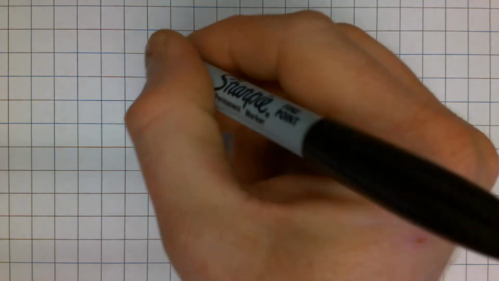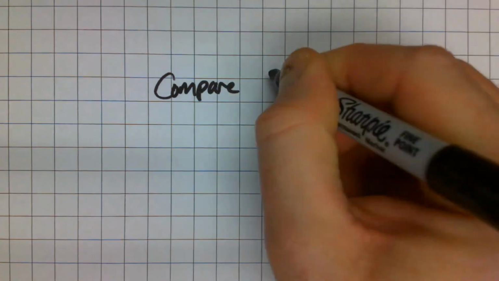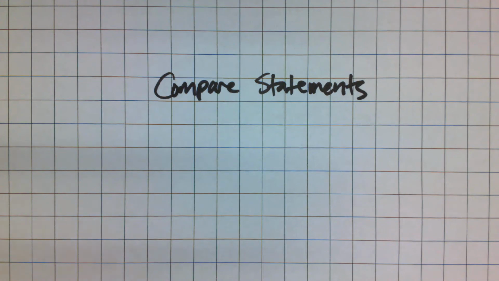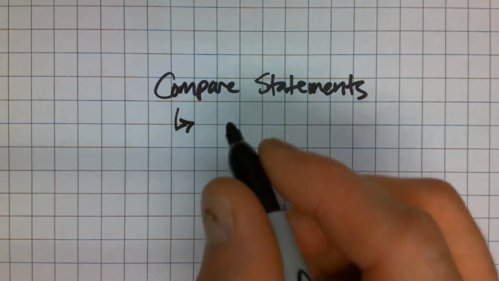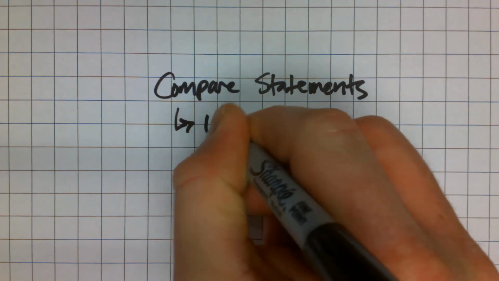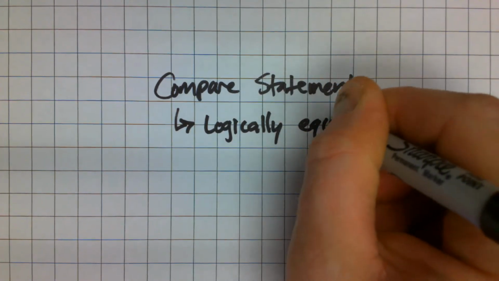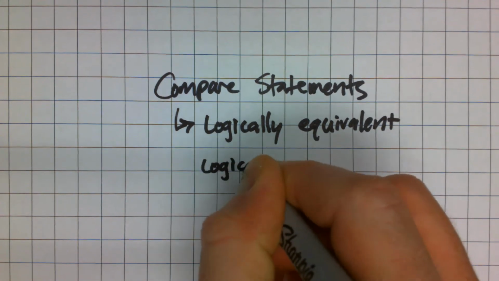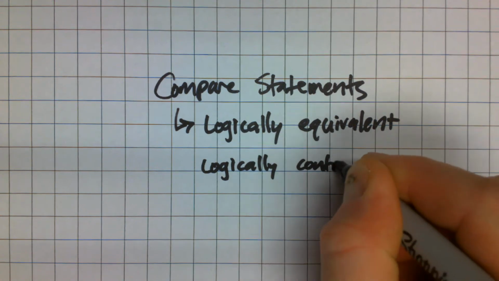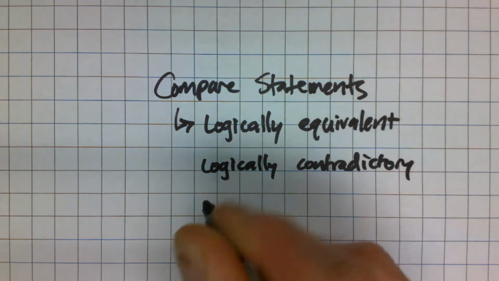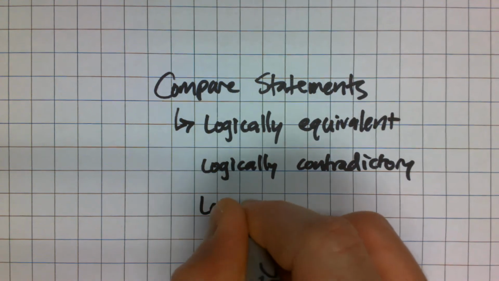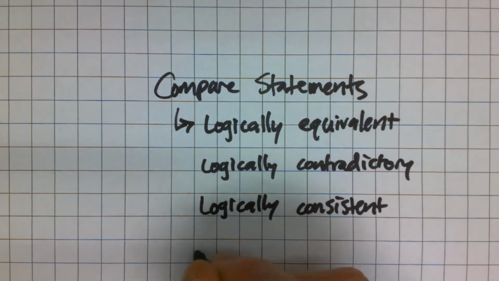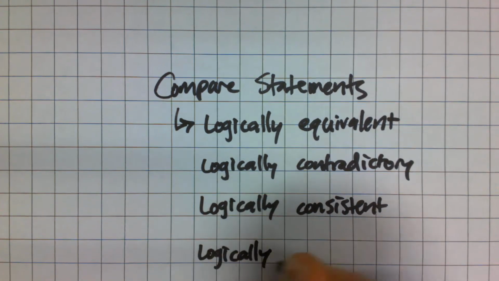In this video, I'm going to explain how to compare statements in propositional or sentential logic for the purposes of determining whether the two statements are logically equivalent, logically contradictory, logically consistent with one another, or logically inconsistent with one another.